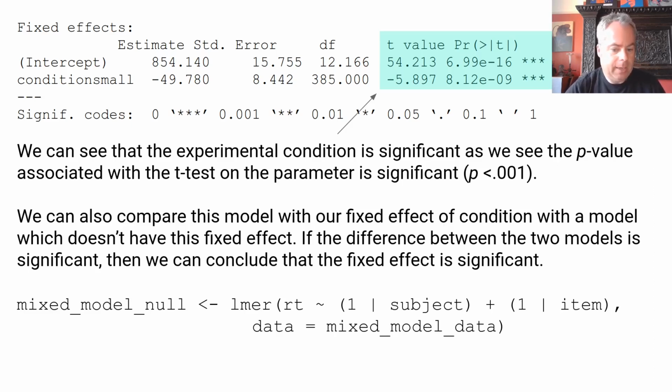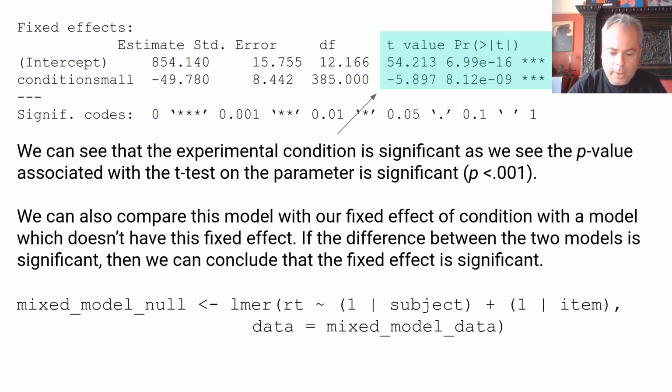With the idea being that if the model with the fixed effect is better than the model without the fixed effect, then the fixed effect itself is obviously contributing variability in our data set that we can model with the mixed model that includes that fixed effect. And we can do it much more effectively than building a model which doesn't have that fixed effect.